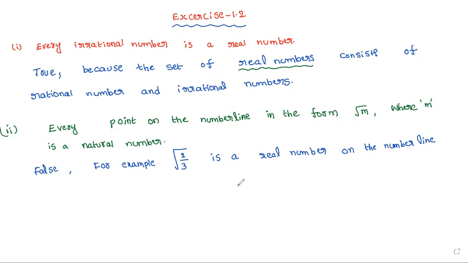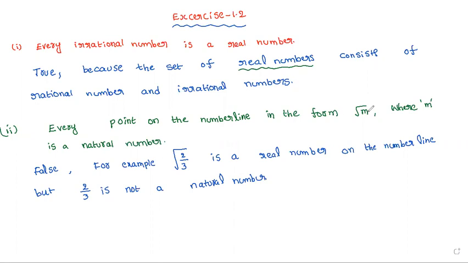But 2 by 3 is not a natural number. So every point on the number line is from root m, where m is natural number, not possible.